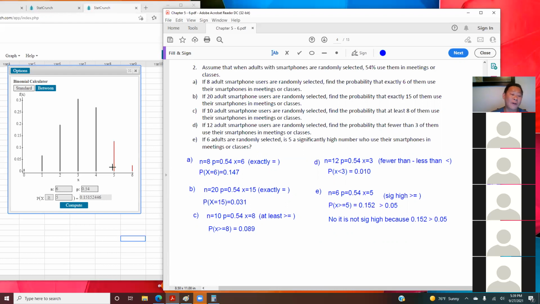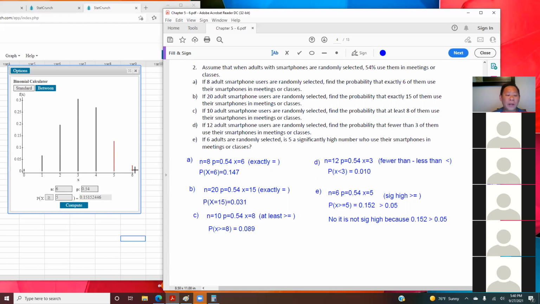If you look carefully at the graph, 5 is here, but 6 is very small, right? So if you get 6, it is significantly high in this case, because the probability is smaller than 5%. So on the graph, 5 means you have to add the two red lines.